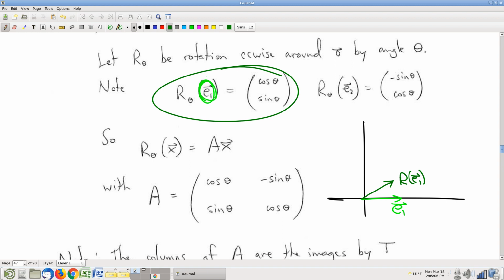That's a little trig exercise. Think back to trig class. This vector of length 1 and at some angle theta counterclockwise off of the horizontal, sines and cosines. So, easy. On the other hand, E2, here's E2. Here's what you get when you rotate E2.